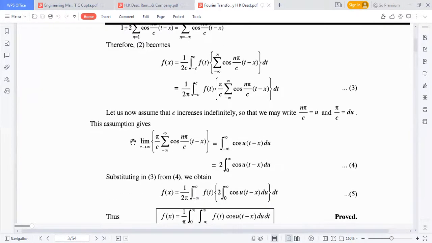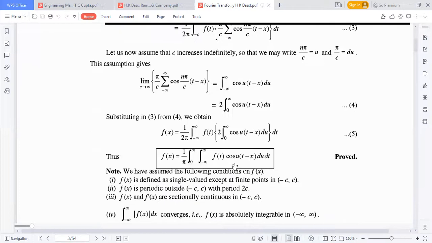Then, if c tends to infinity, meaning indefinite, this term is converted to pi by c summation from minus infinity to plus infinity of this. So introducing n pi by c equals u and pi by c equals du, we get this result.